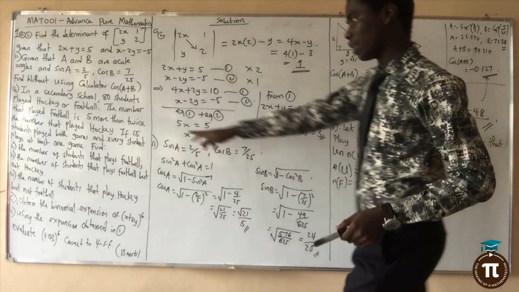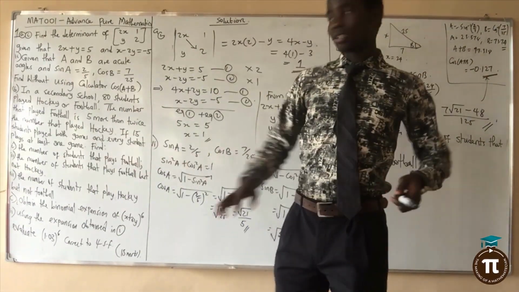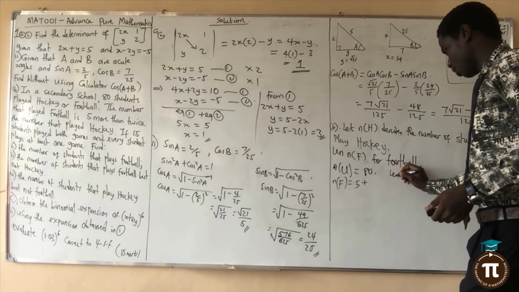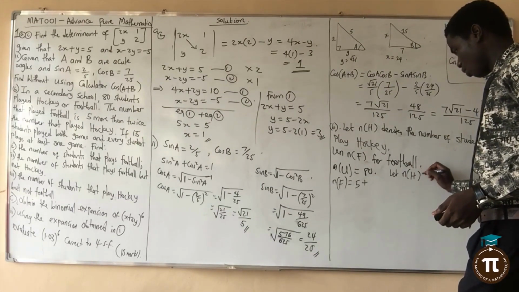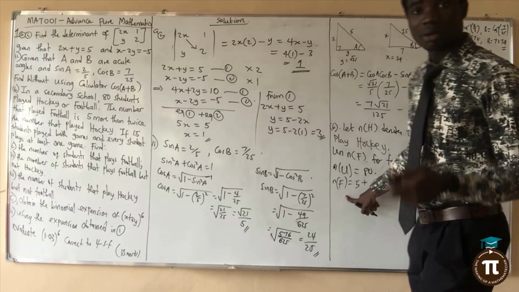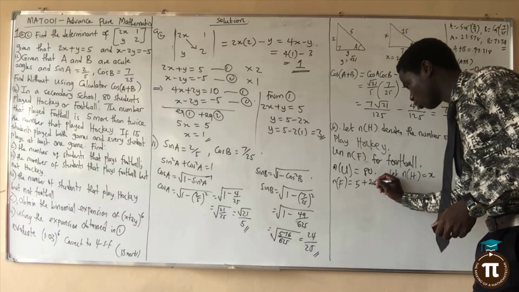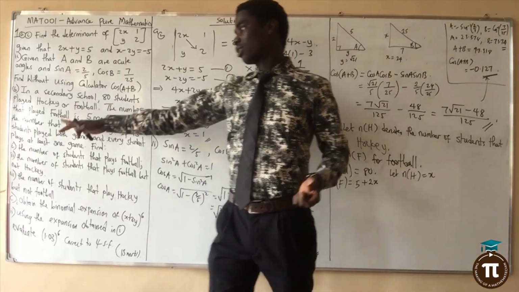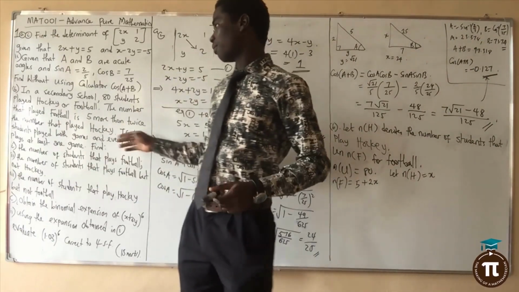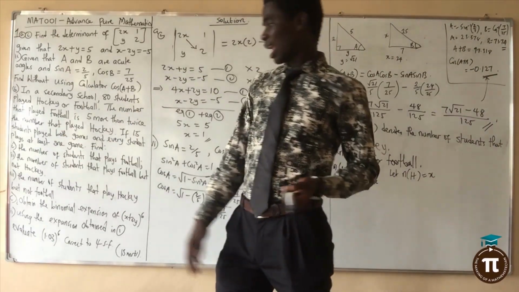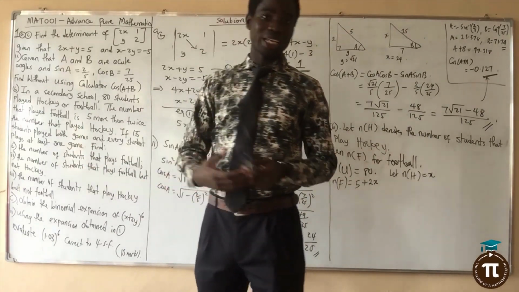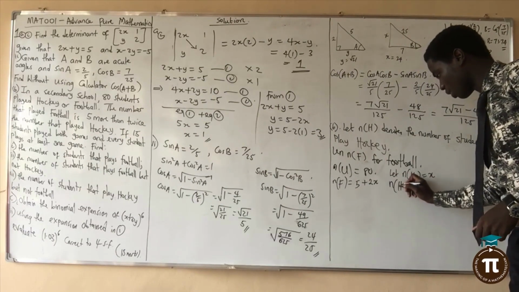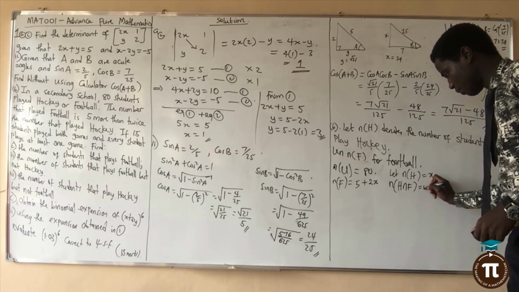We are not given the number of students that play hockey, so I can say let the number of students that play hockey be equal to x. So the number for football will be 5 plus 2x. Now, 15 students play both games, and every student plays at least one game, so the number of students that play hockey and football is 15.